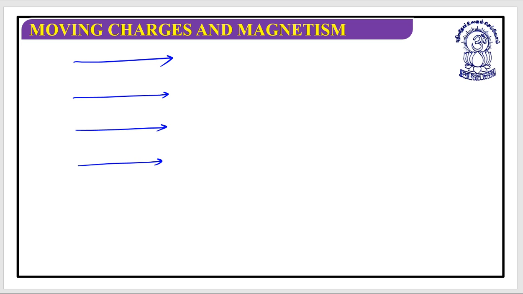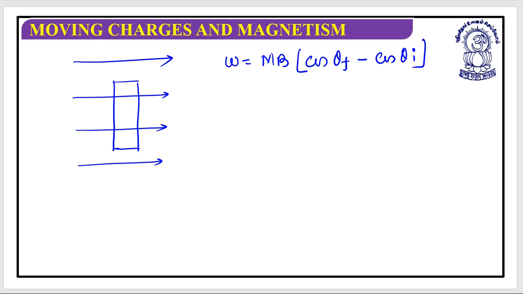This is the magnetic field, and as a reference we know that the dipole has been put up like this. The magnetic dipole is being placed like this, and we have that work done is equal to mB (cos theta final minus cos theta initial).